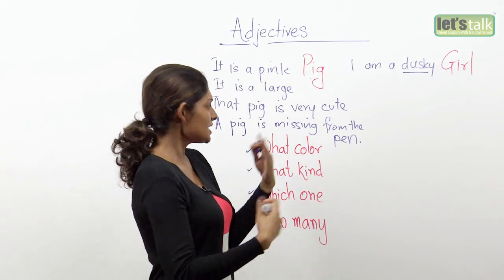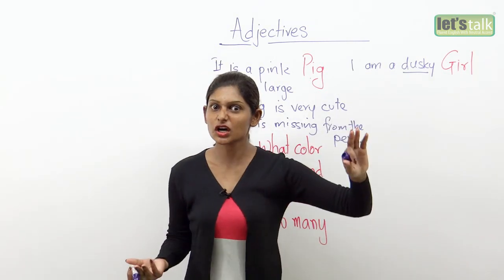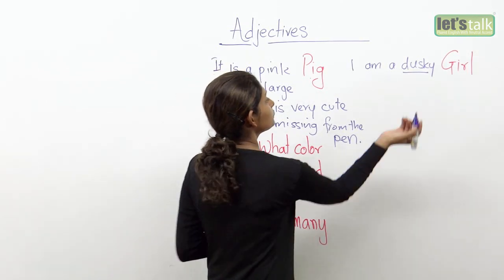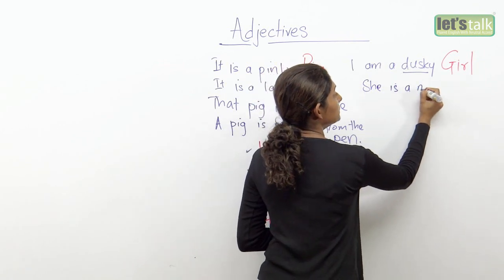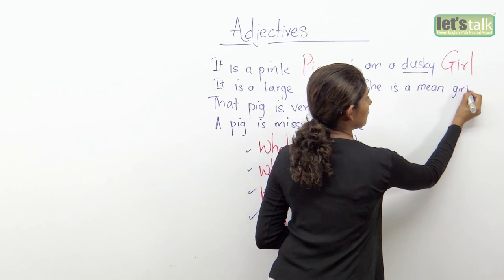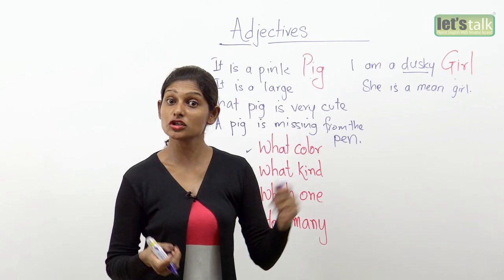Okay, now let's see some other types. What kind? What kind of girl is she? That describes that girl further. She is a mean girl. Okay, a mean girl. Very mean. Oh, she is a naughty girl.